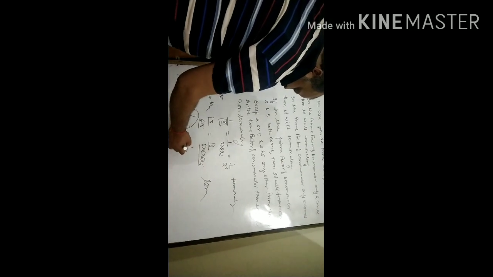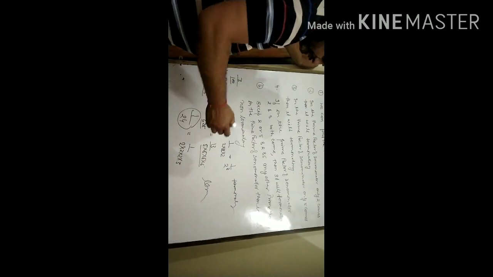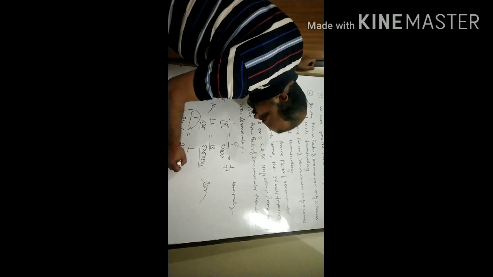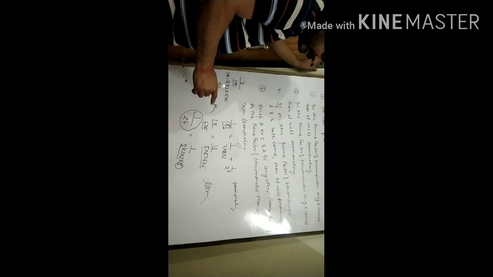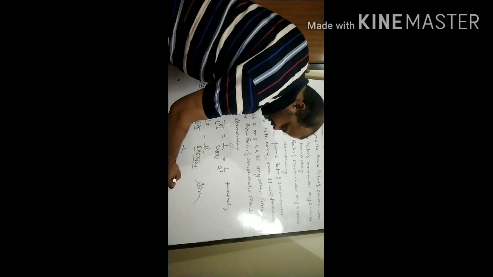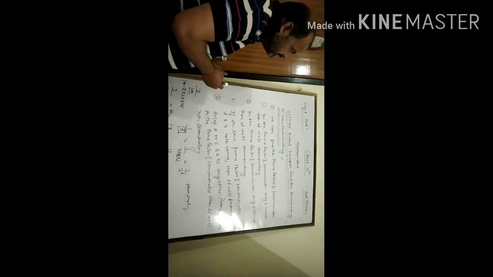You can find the prime factors of 24. 24 is written as 8 into 3, then the prime factors of 8 are 2 into 2 into 2 into 3. Then you see here 2 comes, but 3 is also present. That's why it is non-terminating.